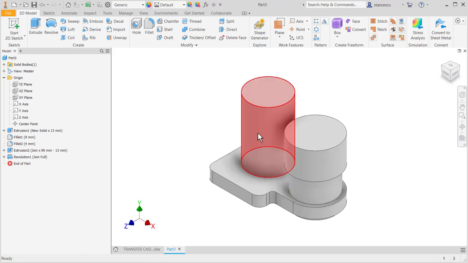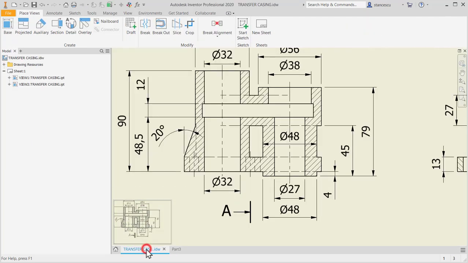Now we create the volume to connect these two revolved features.